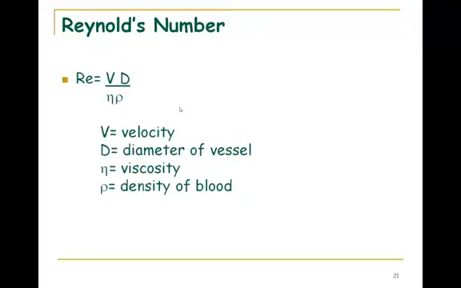I just want to show you a couple of things in regards to Reynolds number. What Reynolds number does is predict the characteristics of the flow. At what velocity will that flow become turbulent? That's the biggest thing I want you to get from it.